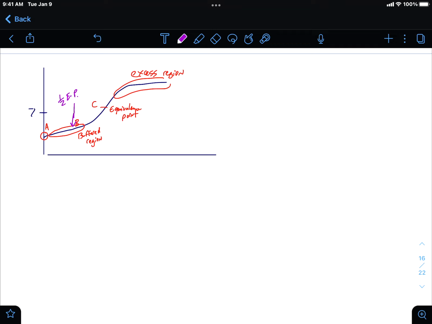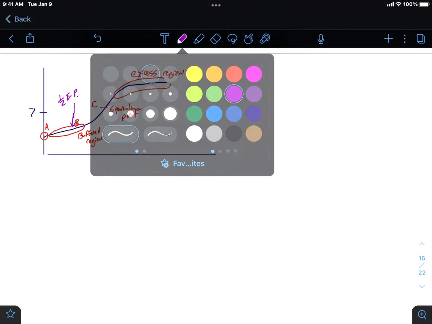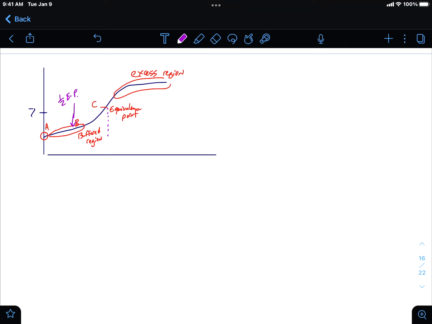It's also halfway between the start and the equivalence point. So let's make a note of that. Whatever volume this is, volume at equivalence point, this would be half the volume of the equivalence point. Okay?